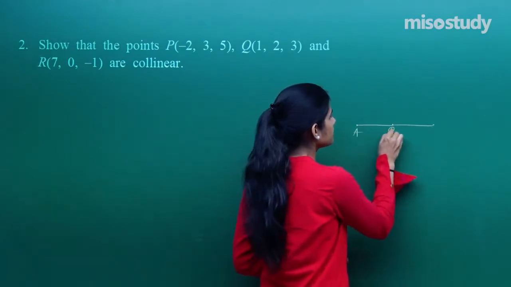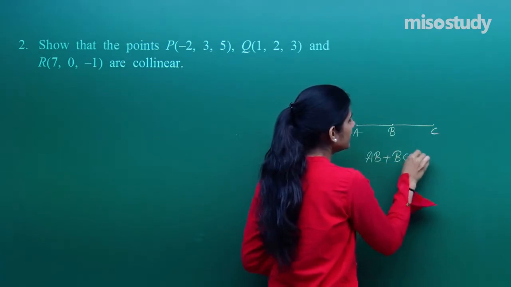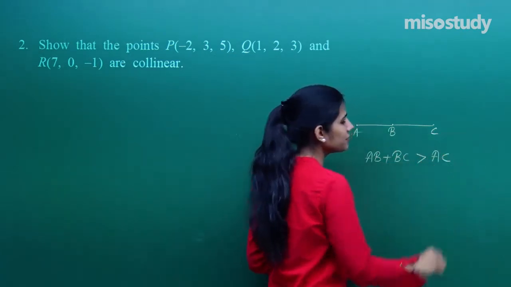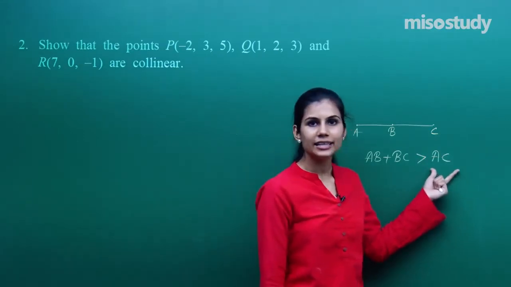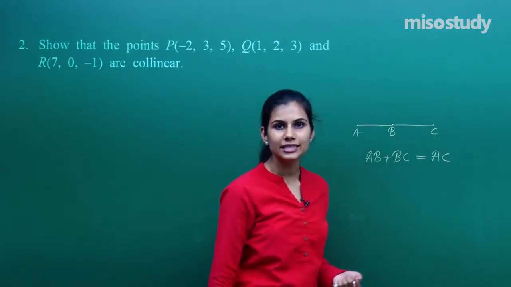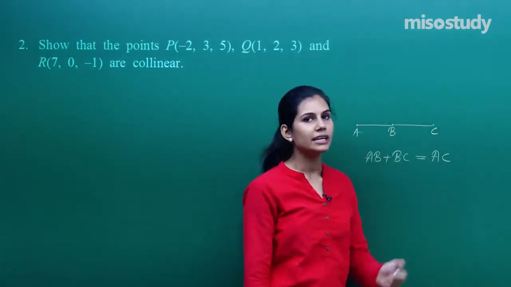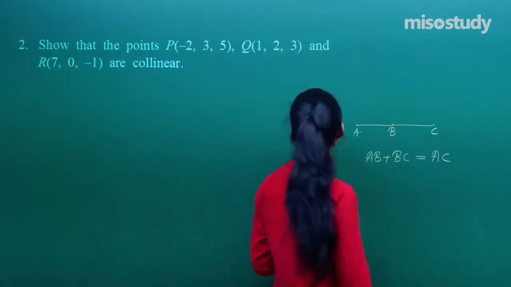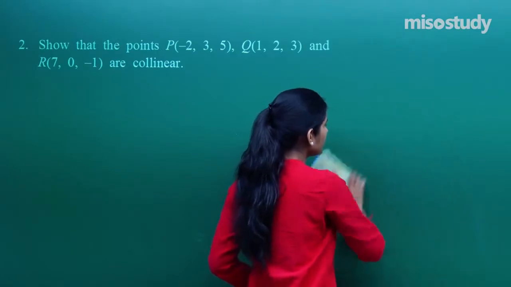This is A, this is B, this is C. Suppose I get AB plus BC is greater than AC, that means A, B, C are vertices of a triangle because the sum of 2 sides is greater than the third side. But if the sum of 2 sides is equal to the third side, that means these 3 points are not vertices of an actual triangle, they are actually lying on the same straight line. So, if I need to show that these 3 points are collinear, I will be using the same concept.